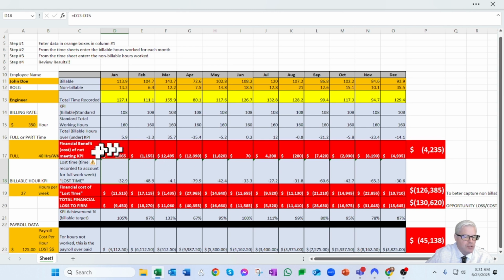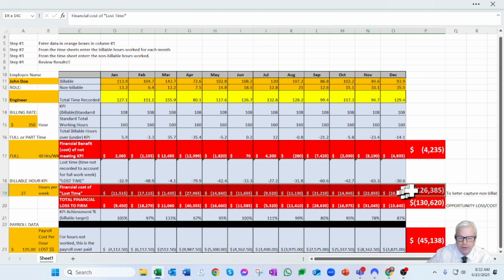Because the time is not tracked, we have no clue what that is. So this bucket is what I call the financial cost of lost time, because there's no accountability for it. That's the challenge. So we're taking the 32.9 hours and we're simply doing the math to multiply that by the bill rate. That's how much more money is unaccounted for. So that is the second metric in this analysis.